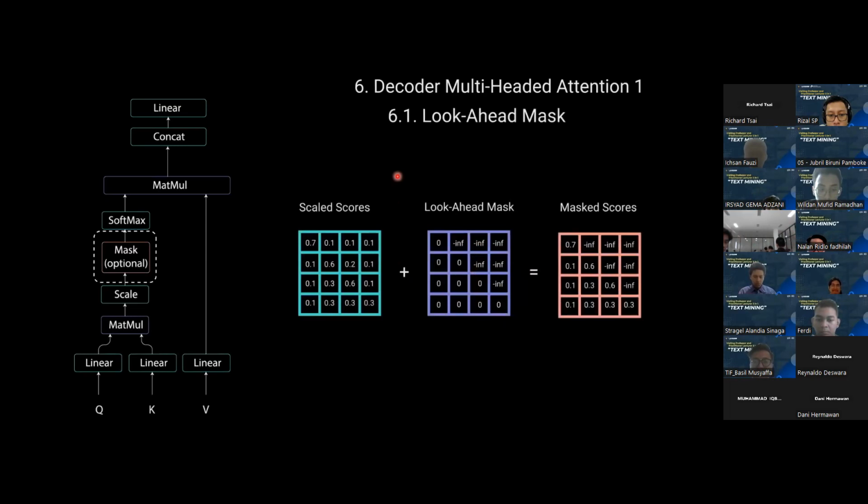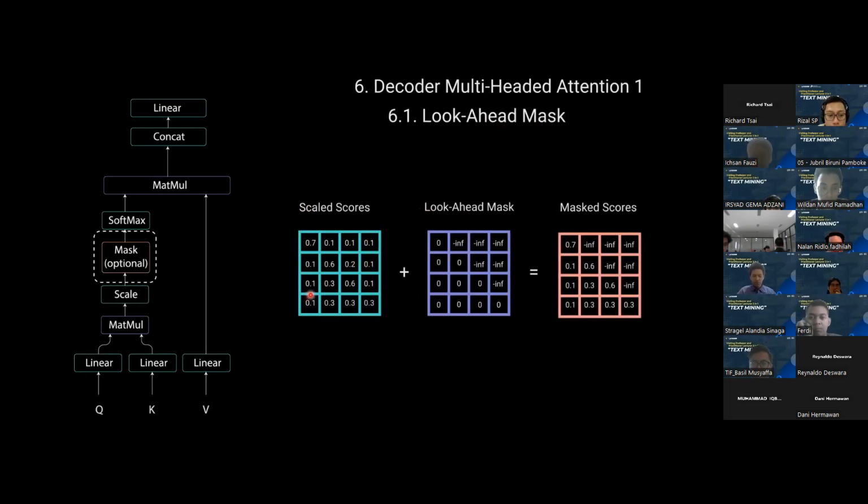So in order to achieve this, we introduce the so-called look-ahead mask, which is essentially a matrix. The purpose of this mask is to prevent tokens from attending to any tokens that come after them in the sequence.